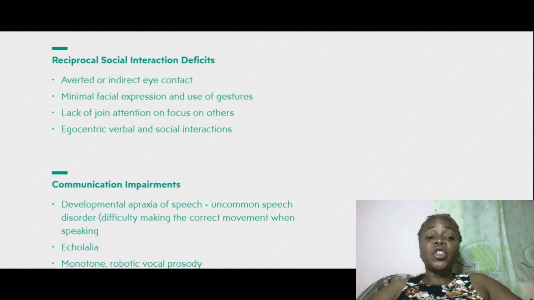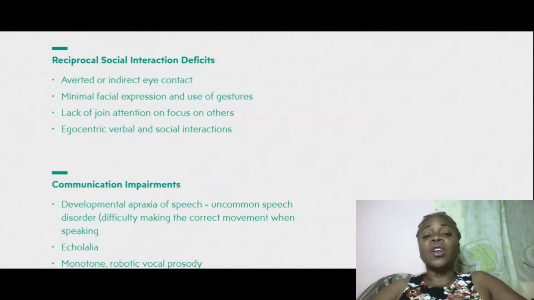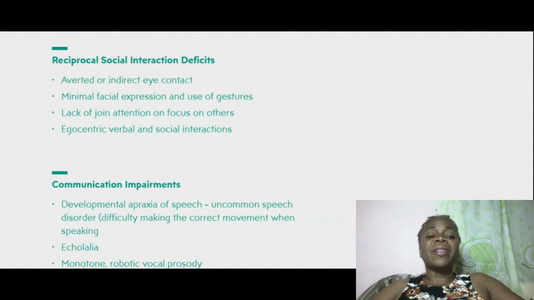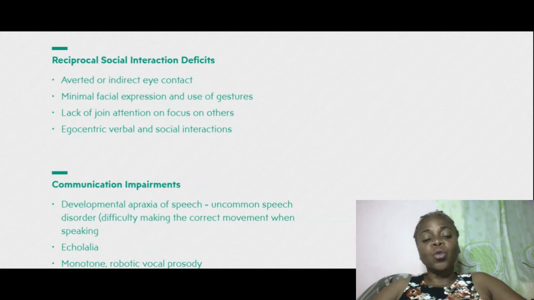Then there is a lack of joint attention and focus on others. Again, if you're trying to have a conversation with them, there is no joint attention. They are not paying attention to you. They are not focusing on you. And then there is egocentric, verbal, and social interactions.